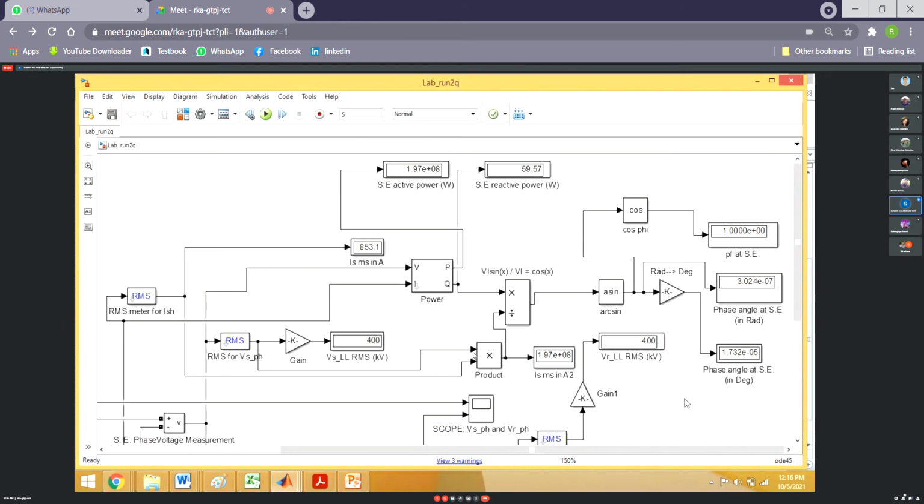Now see, when we are connecting the load in resistance format, the sending end power is different. It is to some extent low, far lower than the earlier one. It was 5964, now it is only 59.57. From there you can get the power factor again. So you copy all the things and then tell me, I shall go for the next run.